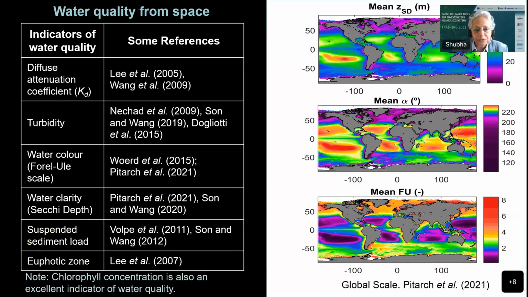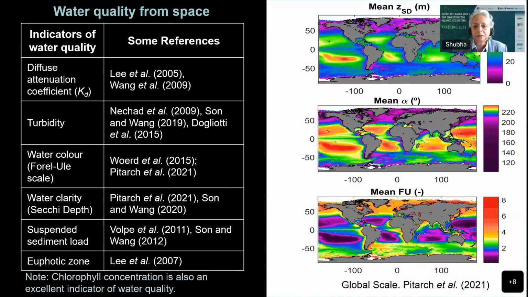So in this very simple context, and if you recall previous lectures, especially the one from SON, you might have learned, or you should have learned by now, that there are several indicators of water quality that are available to us through remote sensing from satellites. And of course, chlorophyll concentration is considered a good indicator of water quality in many ways.